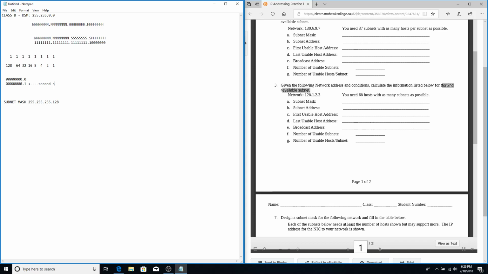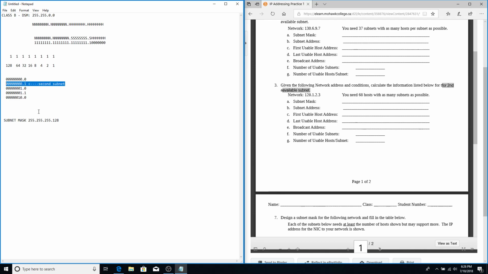That's the second subnet that we needed. If we needed to go further, we could have gone here, and we could have gone here, and then we could have done this, and so on and so forth. But we only need the second subnet.